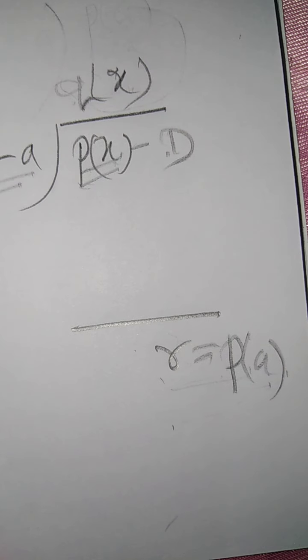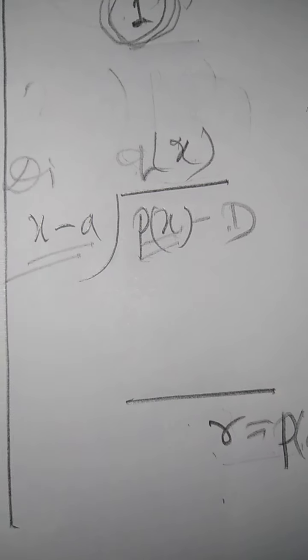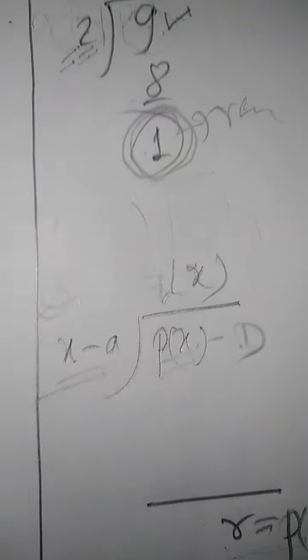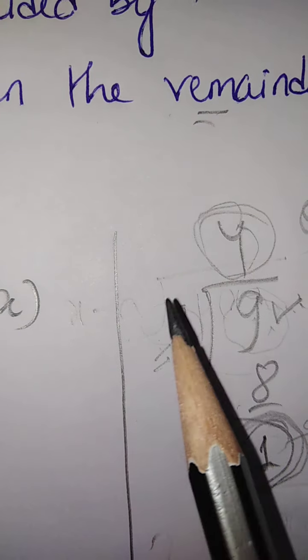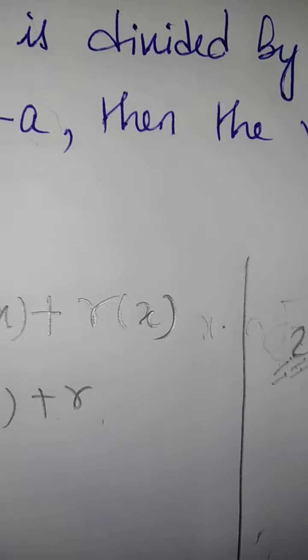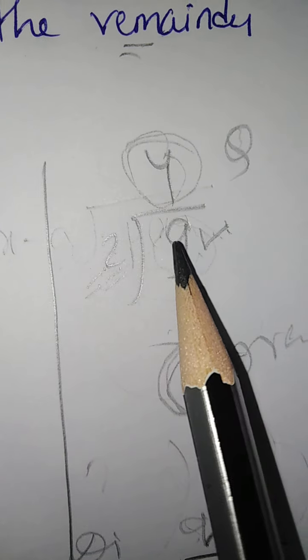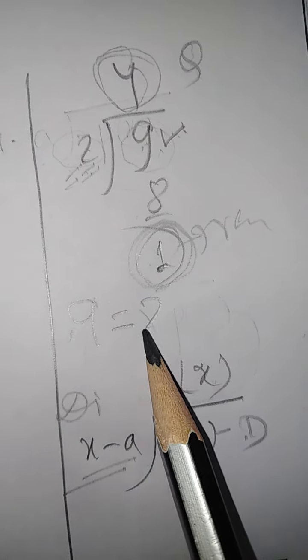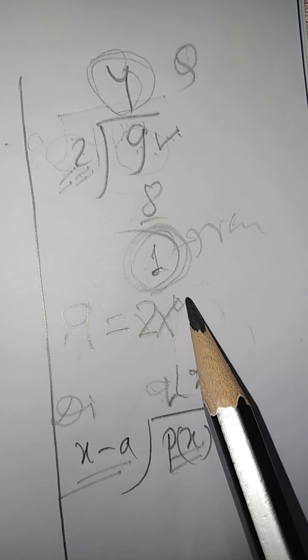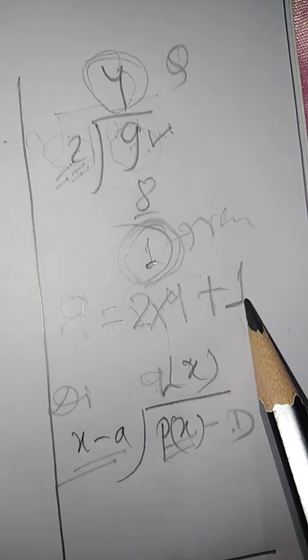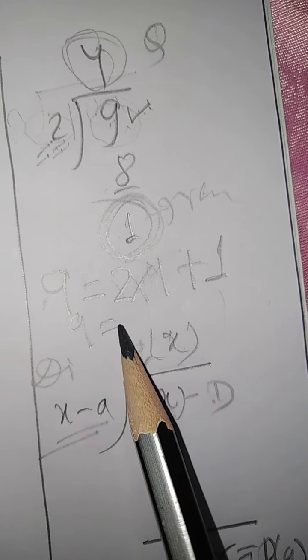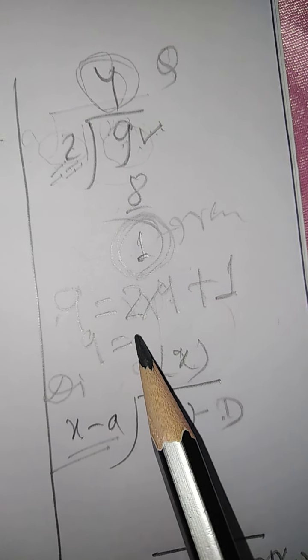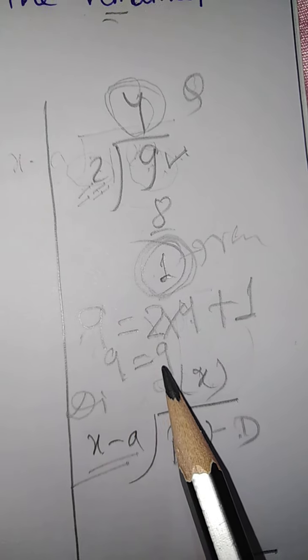Now see students, the relationship between dividend, divisor, quotient and remainder goes like this: dividend is equal to divisor into quotient plus remainder. Now 9 is equal to 2 fours are 8, 8 plus 1 is 9, so 9 is equal to 9.